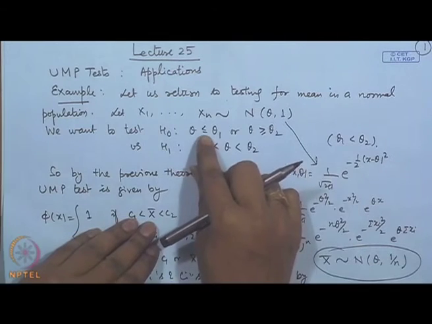Now, another point I would like to mention: I have considered here the null hypothesis region as an interval, and the alternative hypothesis region is its complement, which is two sided.